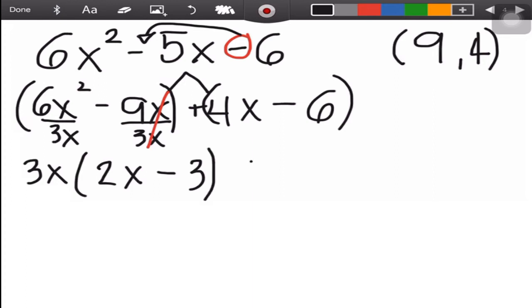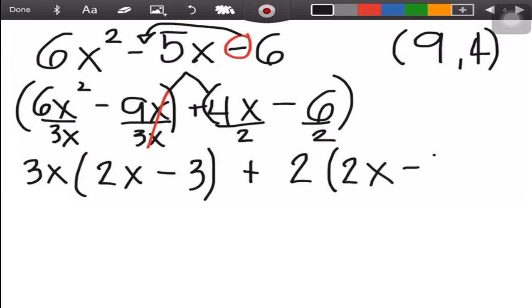Next, what is the CMF of 4x and 6? The CMF is 2. We cannot use x because 6 doesn't have x. So we will divide by 2. 4 divided by 2, that is 2. Copy x and then copy the sign. 6 divided by 2, that is 3. So as you can see, we have the same term inside the parentheses.